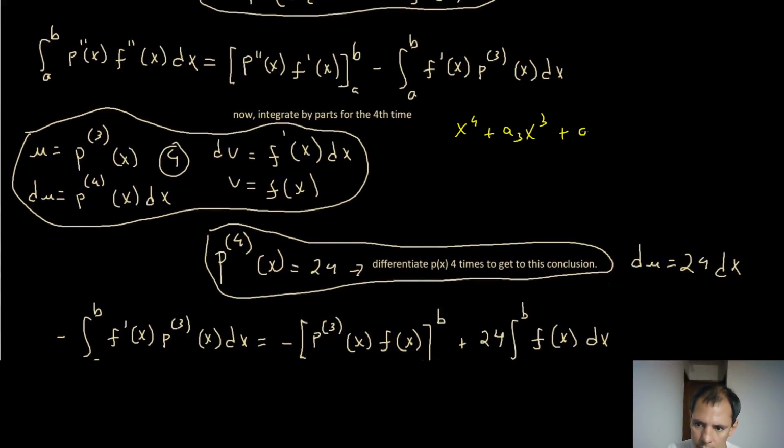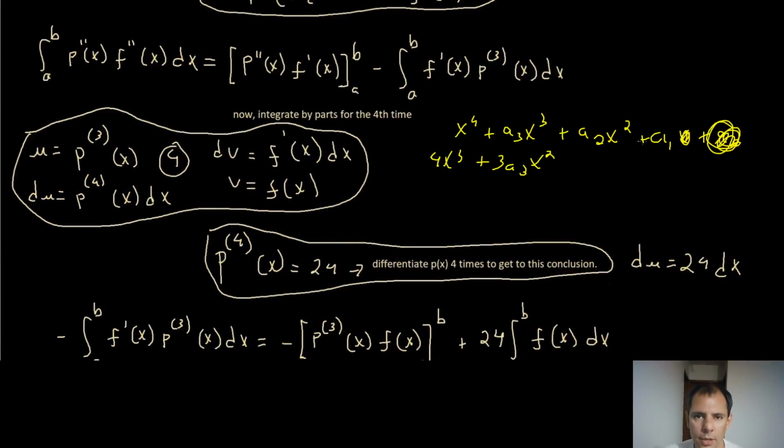p of x equals a4x to the fourth plus a3x cubed plus a2x squared plus a1x plus a0. The first time you differentiate, you knock this a0 out, and you knock this x out. This becomes 4x cubed, and this is going to become 3a3x squared.